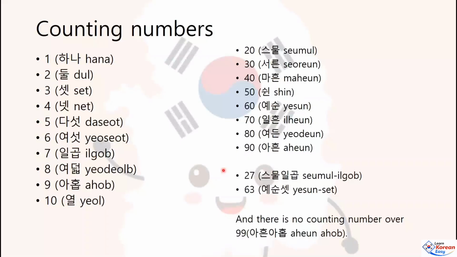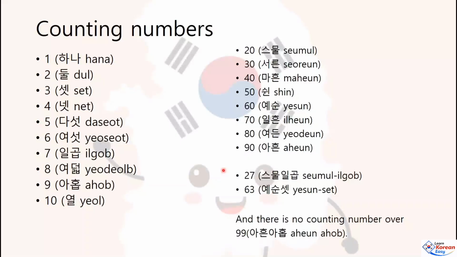Well, that depends. When we count ages, like you're 40 years old, then you can say 40살이세요? But we could also say 마흔살이세요? Are you 40 years old? Yeah, so things like that.